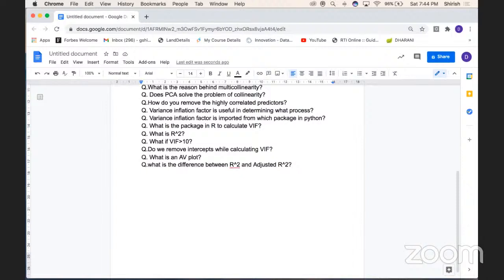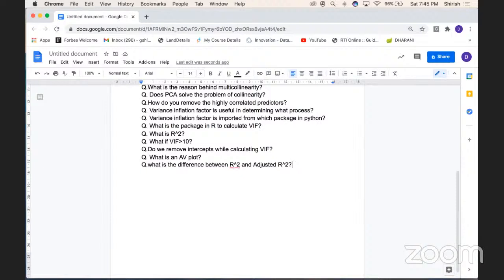But what is this adjusted R square? R square accounts for the variation of all the independent variables on the dependent variate.